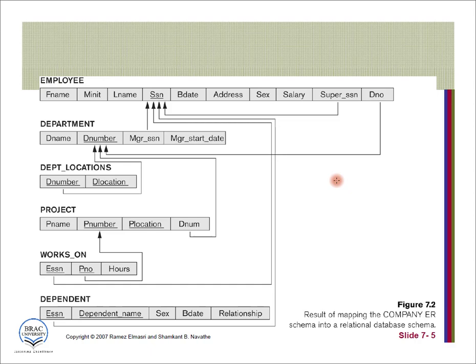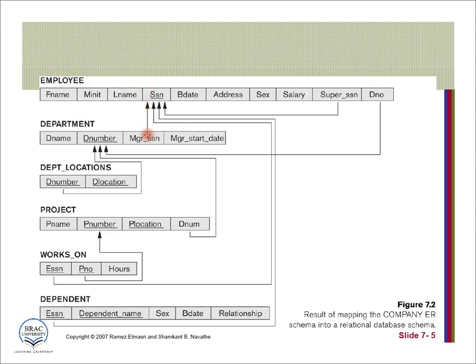And then you will find some primary keys and foreign key references, and we show the references using a directed line. For example, this directed line: the MGR SSN is a foreign key in the department relation, and it refers to the SSN, which is the primary key of the employee relation.